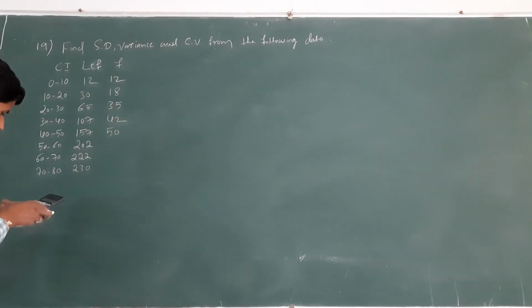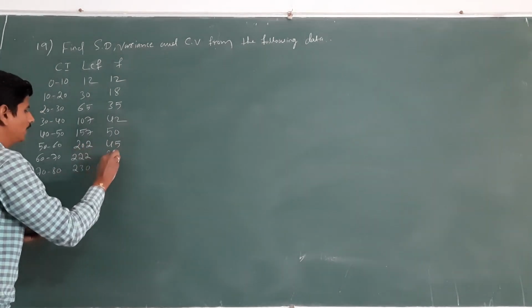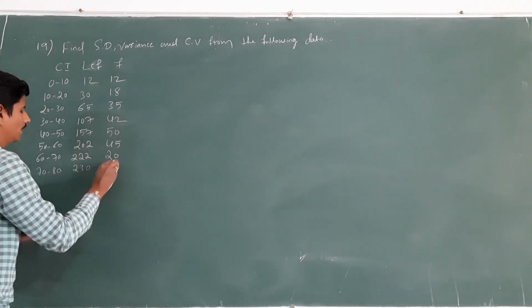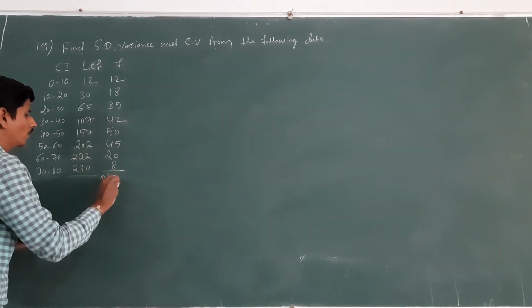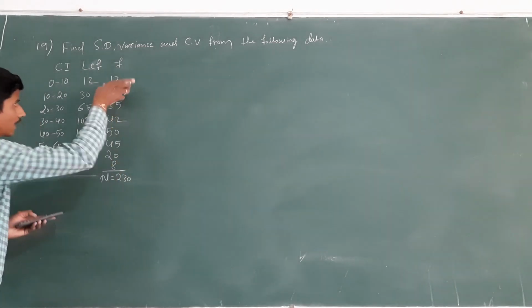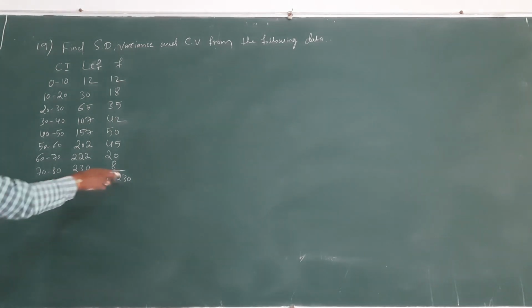The next, 202 minus 157 is 45. 222 minus 202 is 20. 230 minus 222 is 8. Here capital N equals 230. Once again, calculate 12 plus 18 plus 35 plus 42 plus 50 plus 45 plus 28, and we get 230 as the sum.